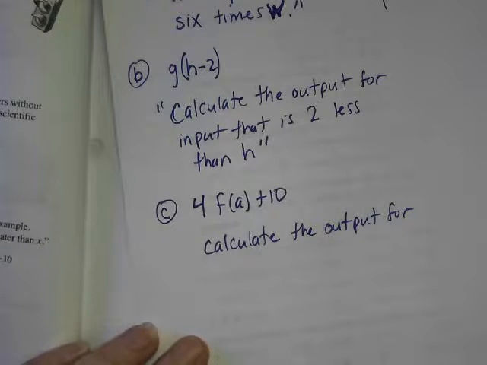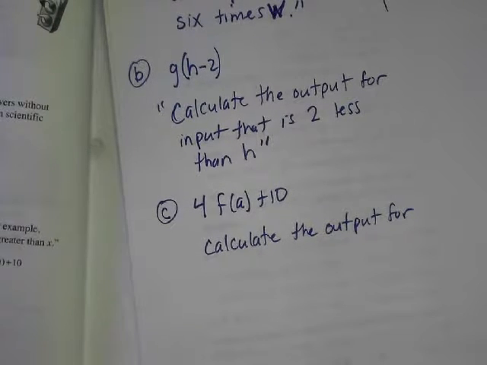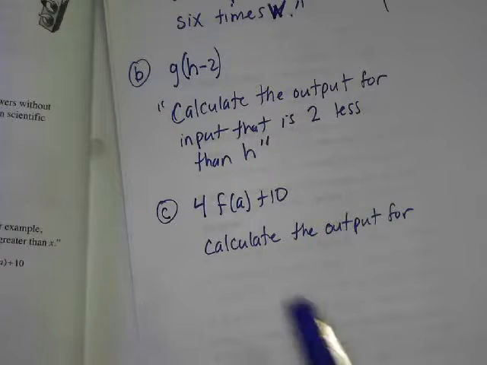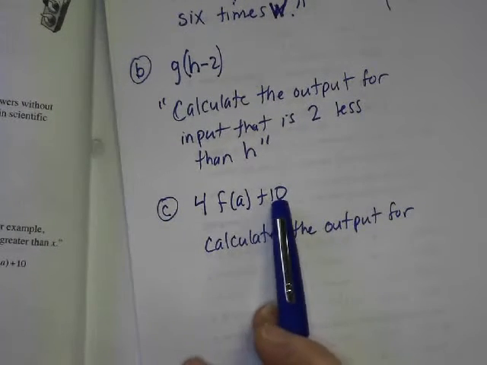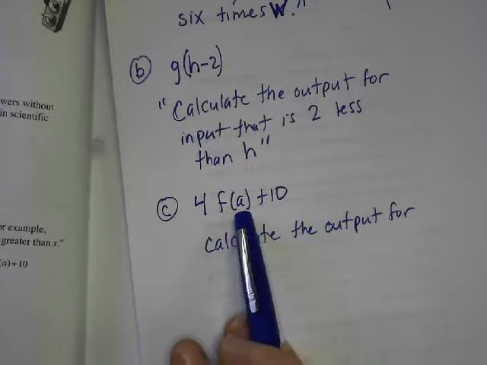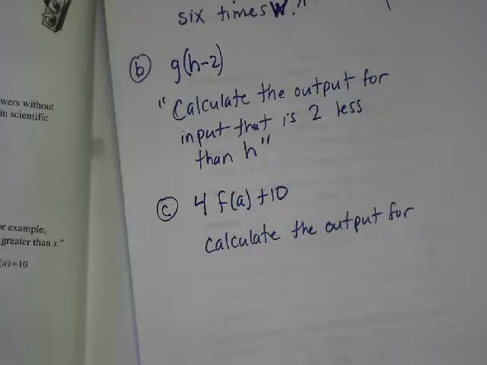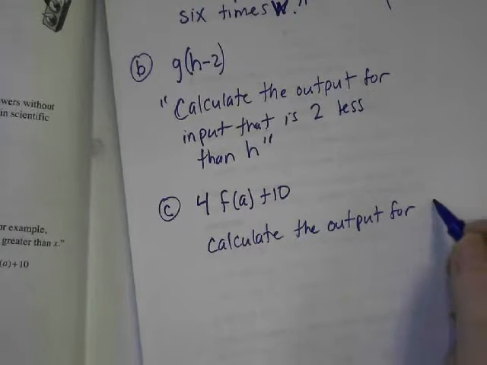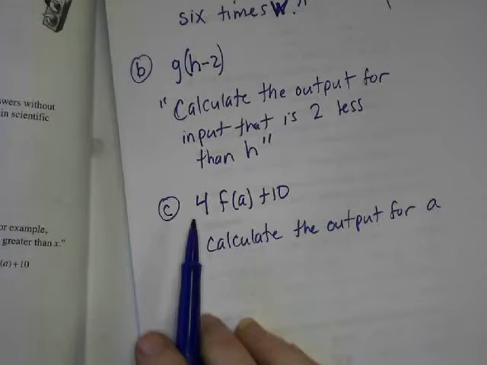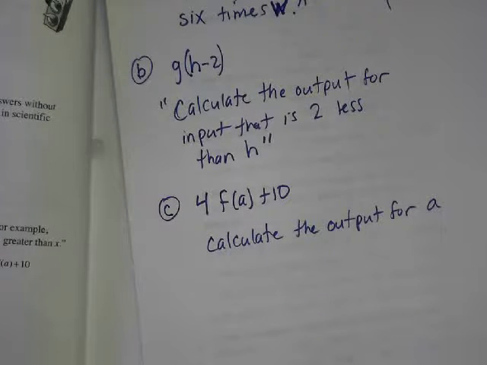Kind of, yeah. I think I would say calculate the output for A, multiply it by 4, and then add 10 to it because they weren't inside the parentheses. Calculate the output for A and then multiply it by 4 and add 10 or something like that.